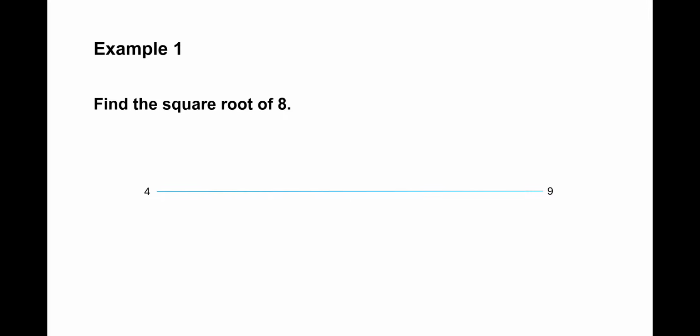Can any one of you write down in the comments what the square root of 8 is?